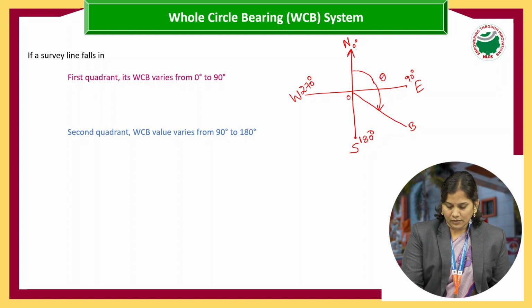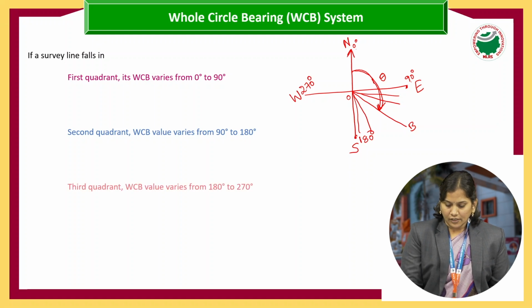So this is theta, and if our survey line is in second quadrant, we will measure from north towards survey line in clockwise direction, and the value ranges between 90 to 180 degrees. Which means the survey line may be here or here or here, and the range is between 90 to 180 degrees.